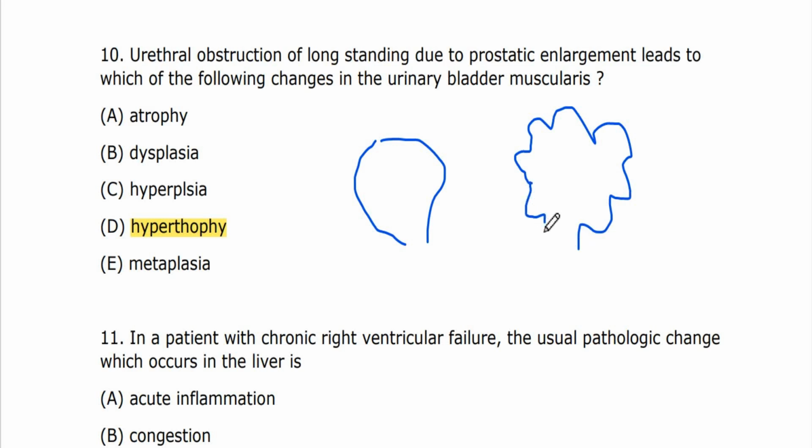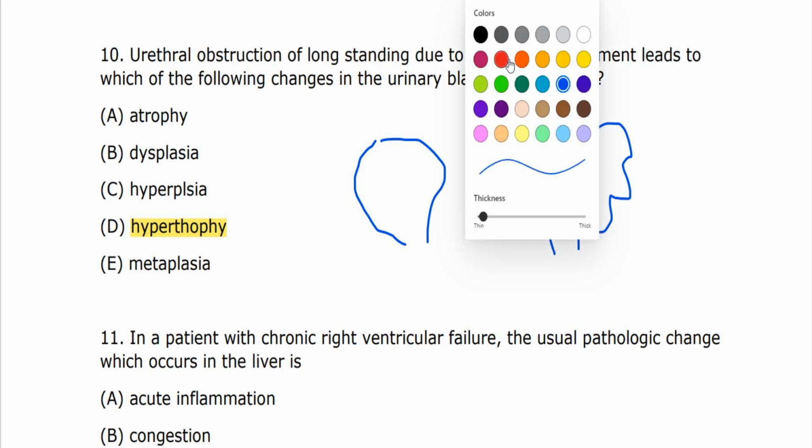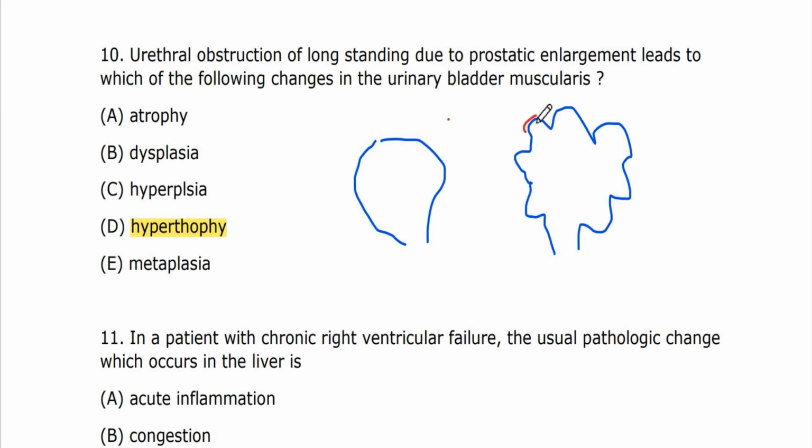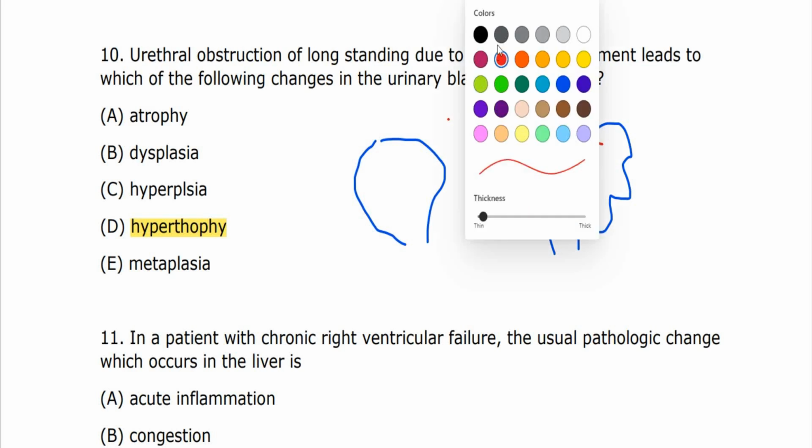When they form these out pockets, the out pockets are called diverticula, and what is left, the elevated mucosa inside, is what you call trabeculae. So diverticular and trabecular formation is one of the pathological changes you expect in chronic urinary outflow obstruction, like in BPH or cancer of the prostate.